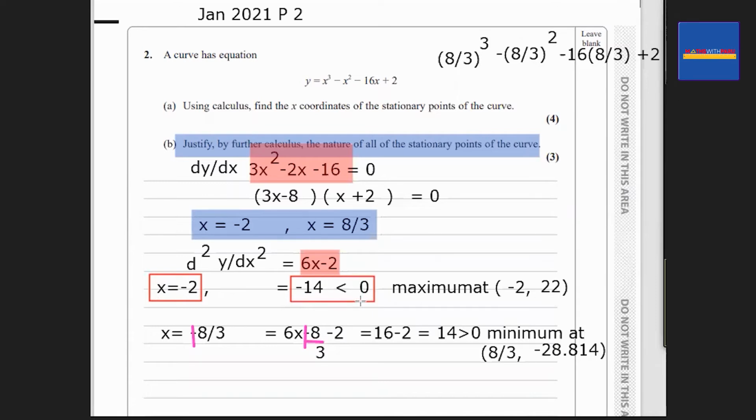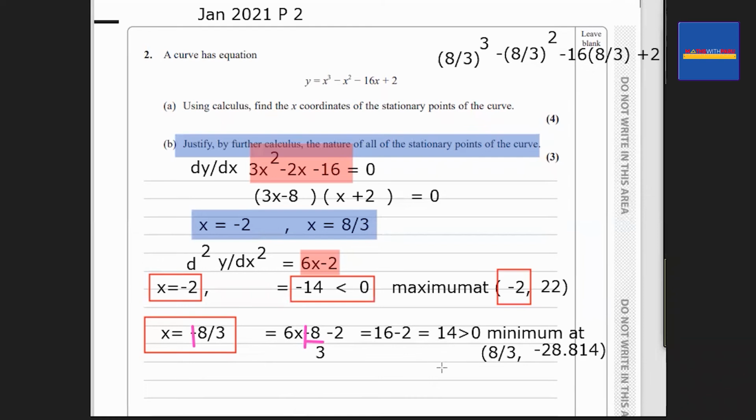Now from the theory, we know that if d2y by dx squared is less than 0, it is a maximum value at that point, minus 2. The other substitution would be when x is equal to 8 over 3. We find that the second differentiation, 6x plus 2, is going to be 18, which is positive.